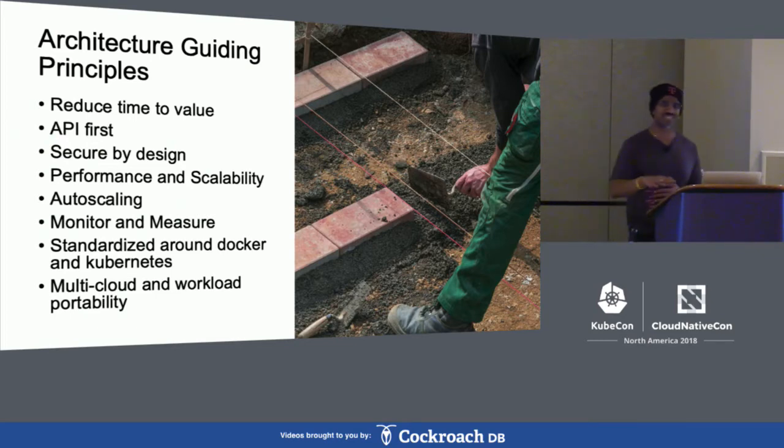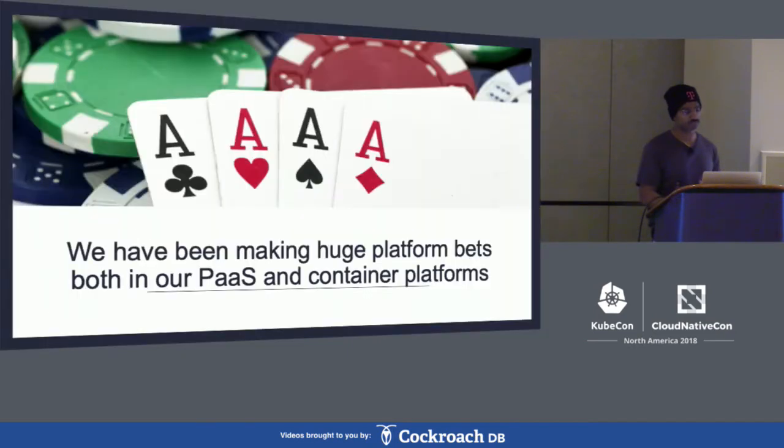I forget the exact stats, but over the last 22 plus quarters we've added about 1 million every quarter. So it's a massive amount of scale, and everything we do has to really scale at that level. And then auto-scaling. I'm not going to go through it all, but it gives you a high-level picture of some of our guiding principles.